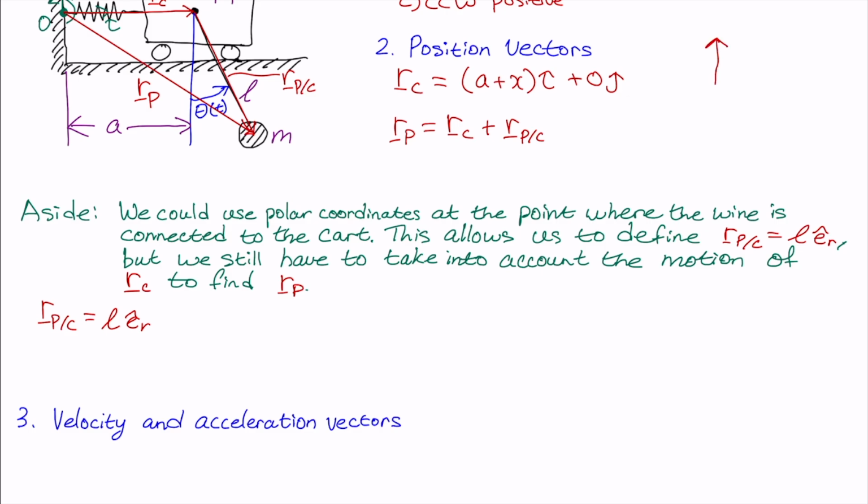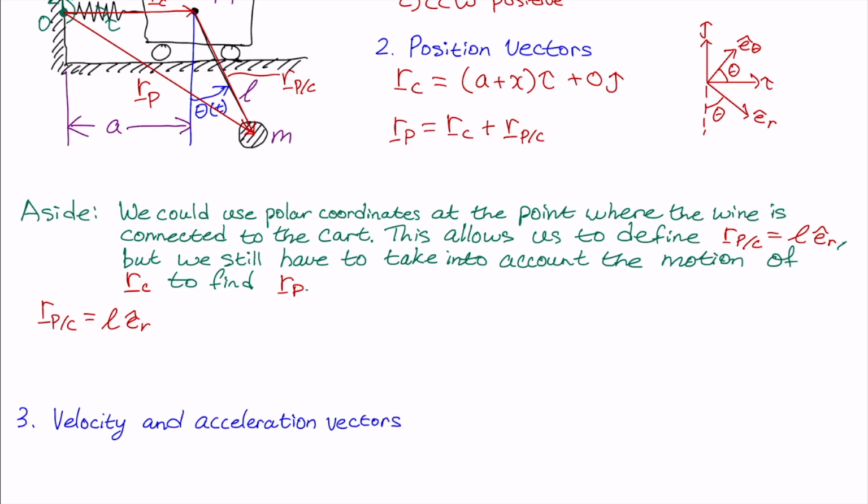Here is j. Let me start by drawing straight lines. So this is i, the top one is j. At the angle here, this is e hat r, and then normal to that we have e hat theta, and then the theta angle is actually right here, which means that it's also right here.